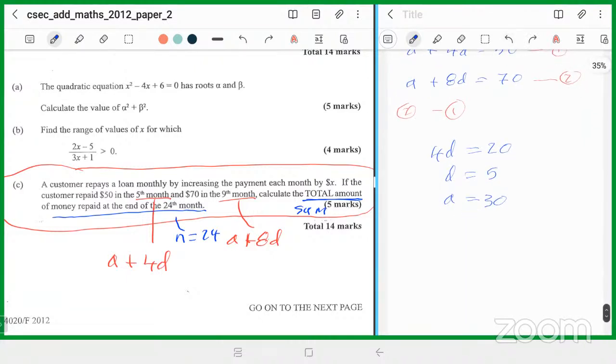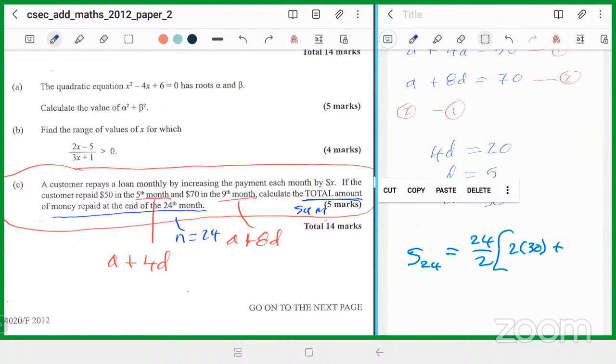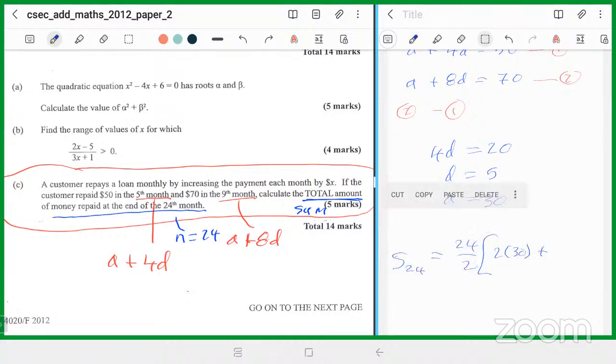Then I need to find the sum to 24 terms. The sum to 24 terms is N over 2, which is 24 over 2, times 2A, that's 2 times 30, plus N minus 1, so 24 minus 1 is 23, times D. The D is 5.